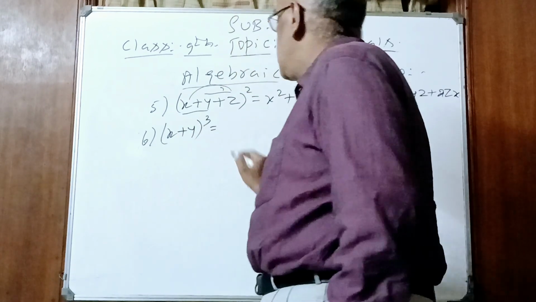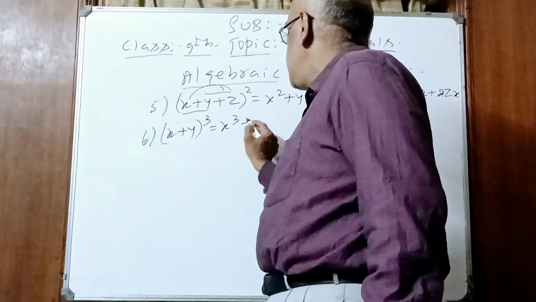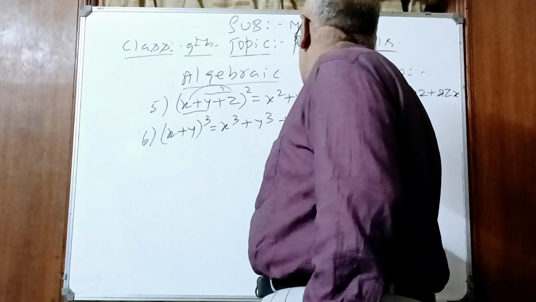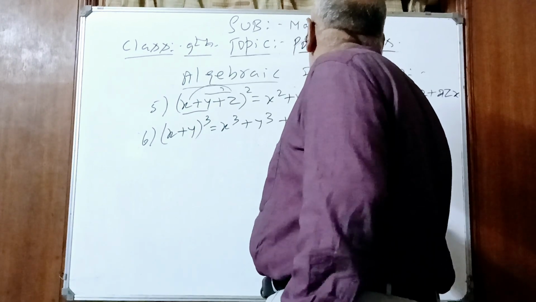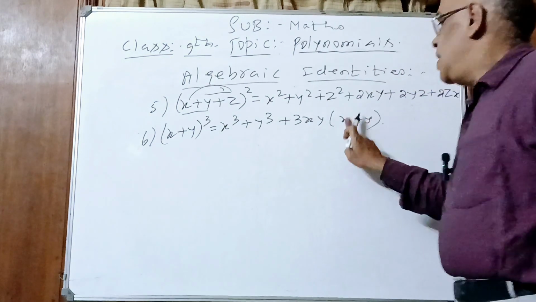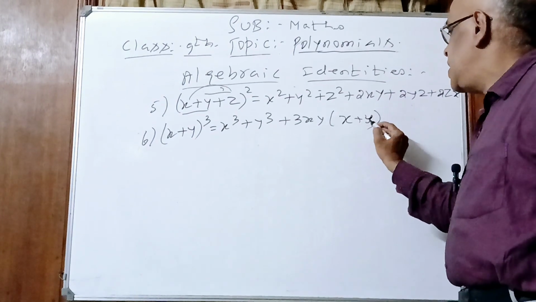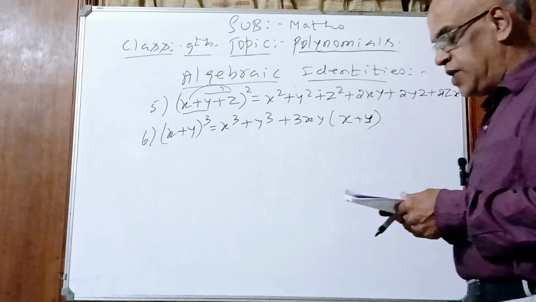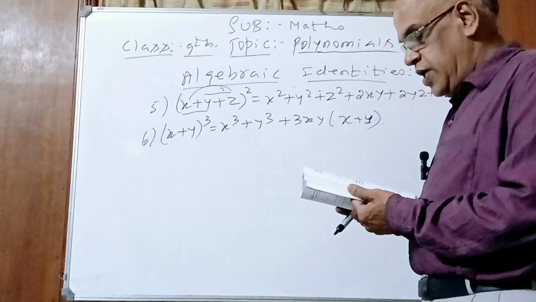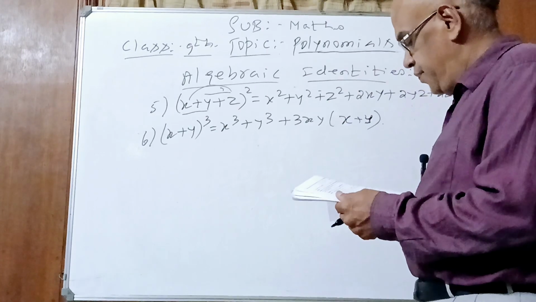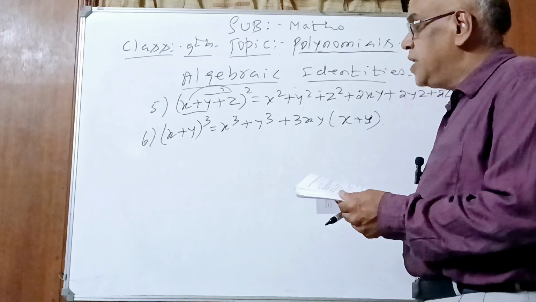What is (x plus y) whole cube, children? x cube plus y cube plus 3xy into (x plus y). Yes or no, children? Please remember this identity. Understood? So this is the sixth one.